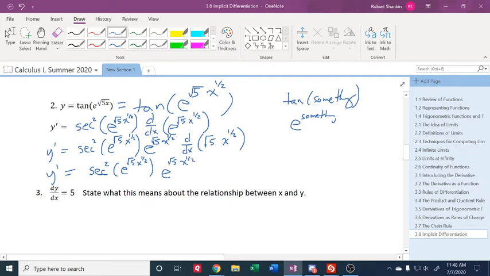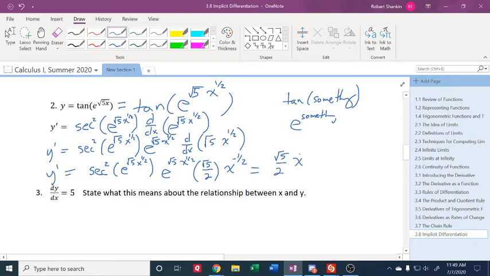When I take the derivative of a constant times a function, I just take these two and multiply them together. I get square root of 5 over 2, x to the negative 1/2. And that's my final answer. I might clean it up a tiny bit, put the constant out front, then the x to a power.